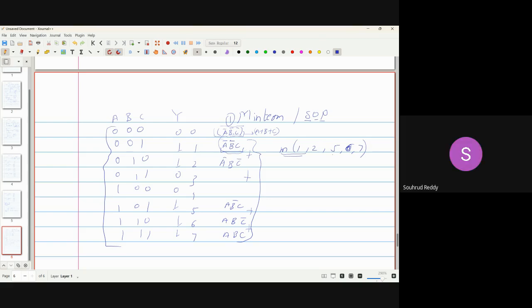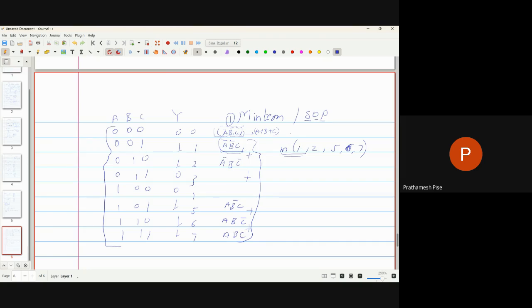When we're inverting the value itself, we're inverting the set, so it'll be like 0, 3. In a set, when you invert it, you get the other elements which are not in that set. I'm not able to explain this. Yes, got it, sir. So this is a very simple way of doing min term to max term.